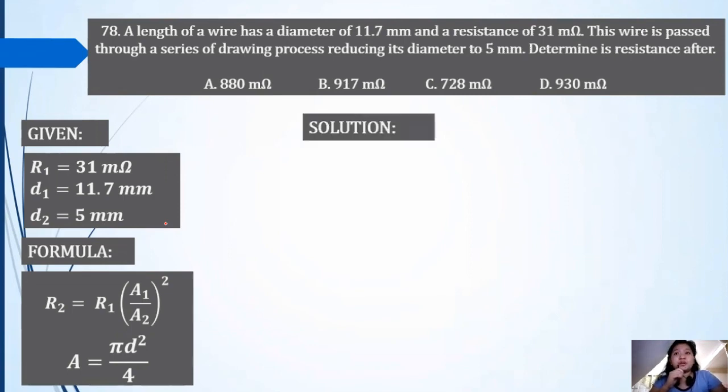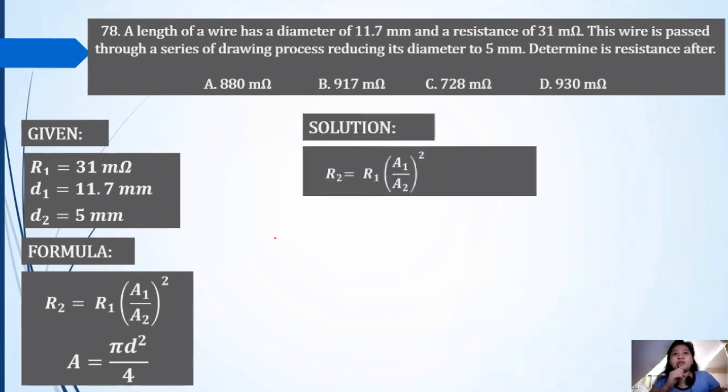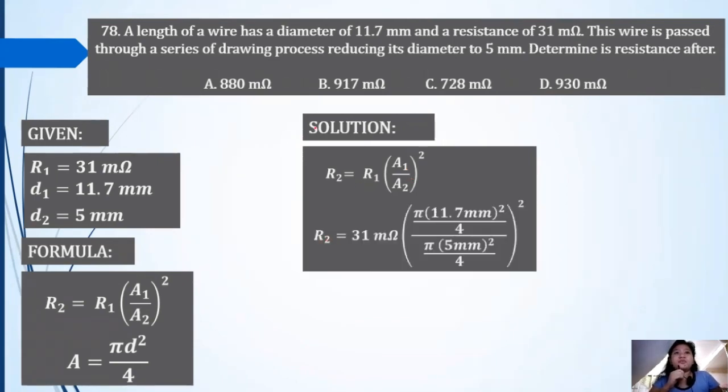So the solution is this formula. R2, or the resistance number 2, is equal to R1 times the area A1 over the A2, squared. And then we will be substituting the values.